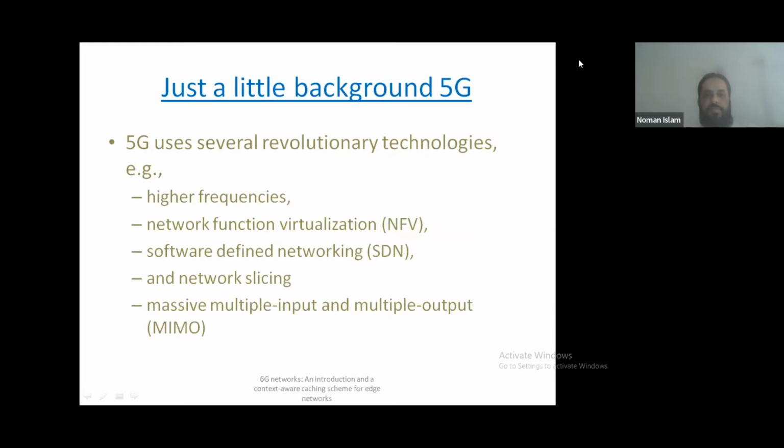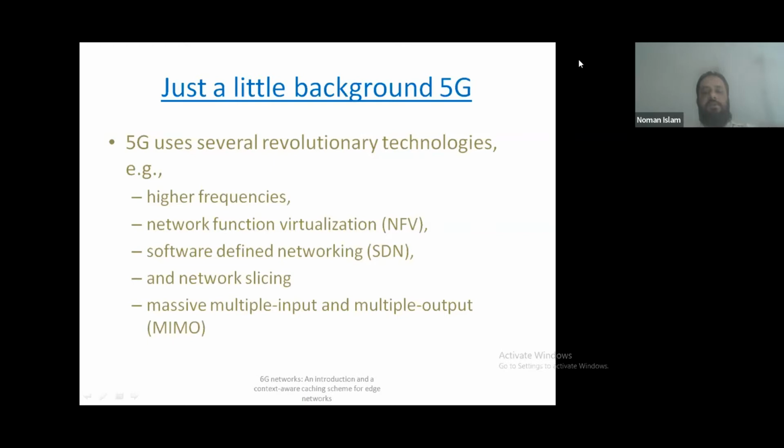So just a little background about 5G. I have already told a bit about it. 5G is about high frequency network function virtualization. All the network function is virtualized by use of containers and virtual machines. Software defined networking is used.